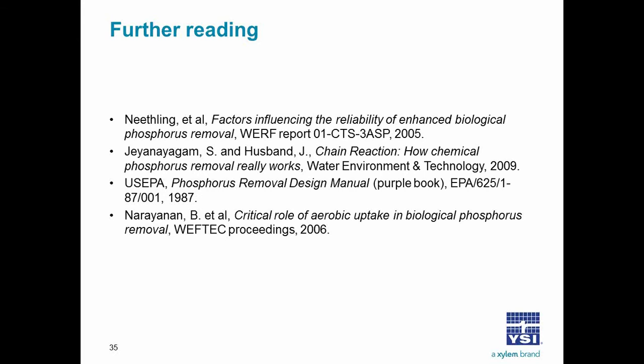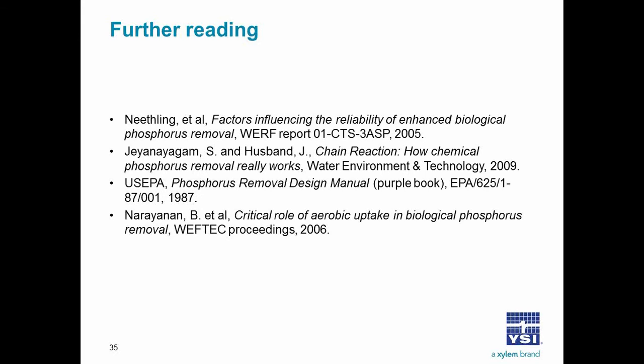Enhanced biological phosphorus removal is very complicated, but facilities can learn in time how it's done most effectively, and I've seen this happen in my own experiences in consulting. Plants get better.